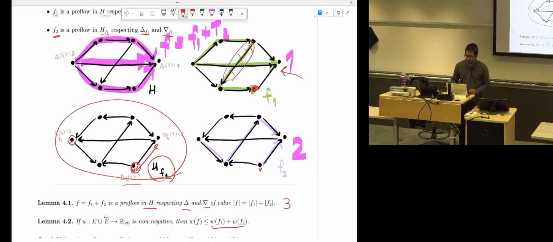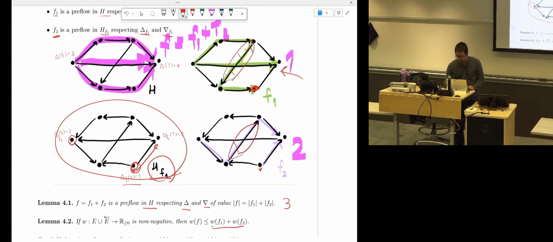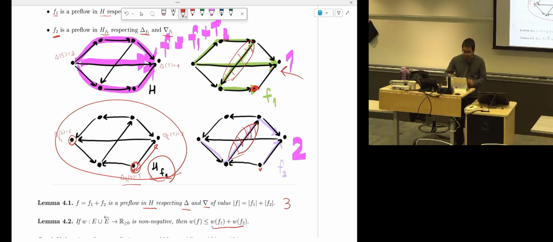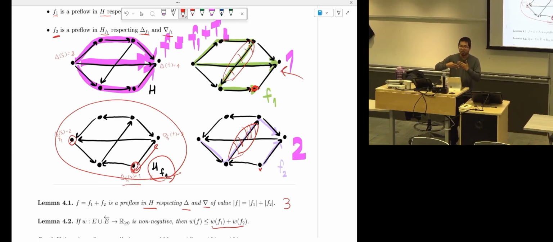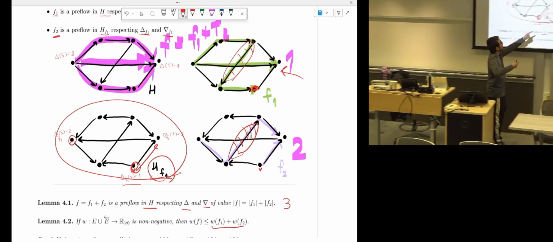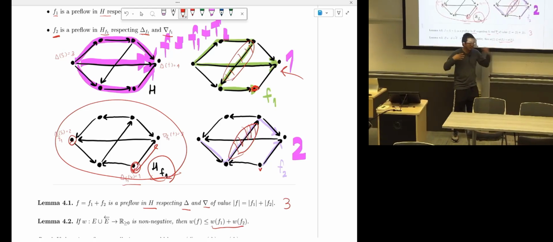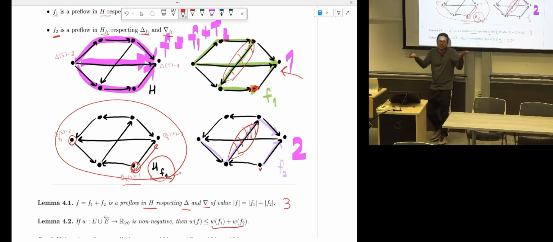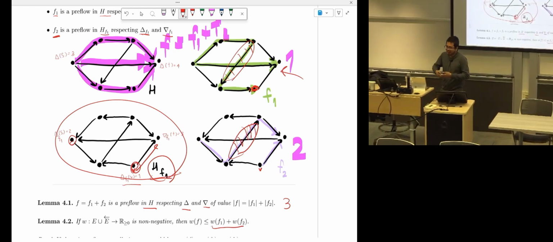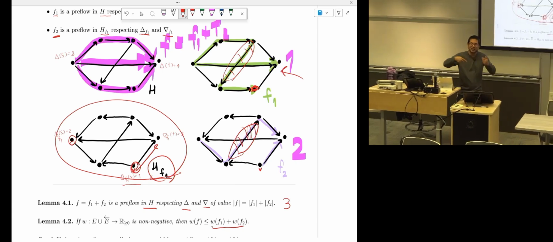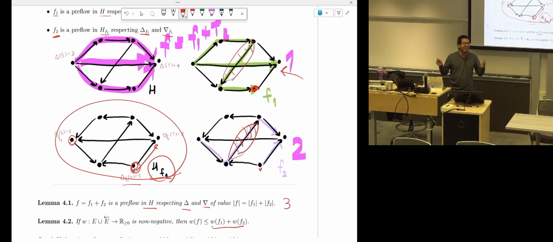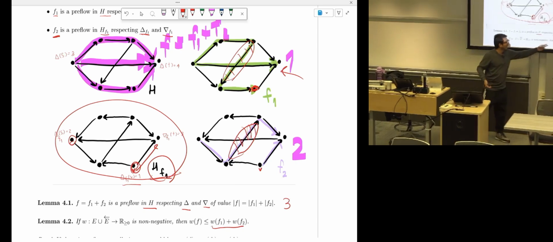You can see that if there is no cancellation here, for example, like here I cancel some edge, some flow, then the total length of F would be just the same as the sum here. But now I cancel something, right? If there is some flow cancellation, then that would reduce the total weight.